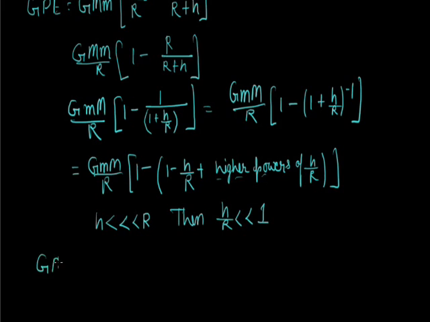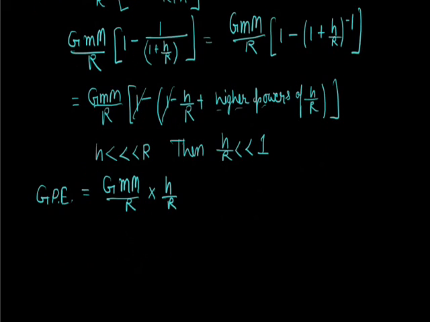So gravitational potential energy will be GMm by R into, here 1 will be cancelled out, so only h by R, and as we know that GM upon R square can be written as small g, so simply mgh.